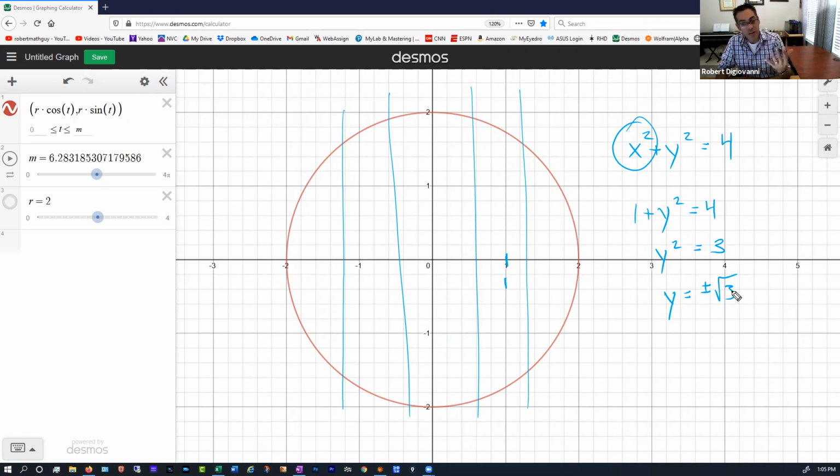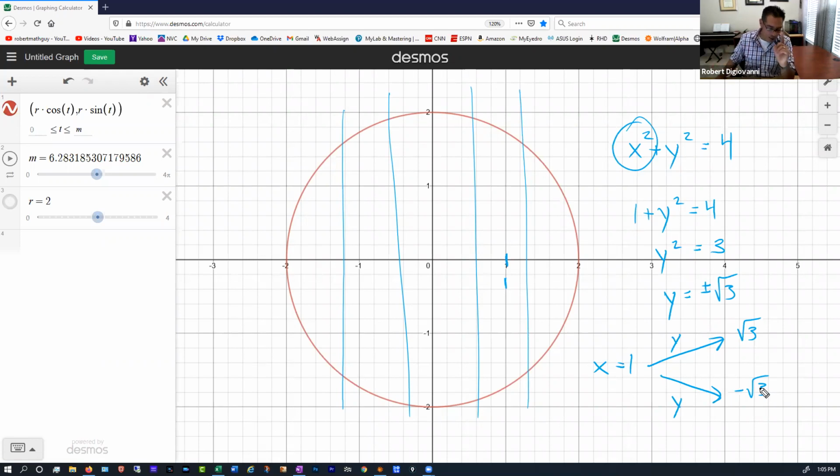So if we try and look at this as a function, when x goes to 1, it spits out 2 different y values, root 3 and negative root 3. And that violates what it means to be a function. For a function to be a function, you have to have 1 input going to 1 output. Here we have 1 input and 2 outputs, right?